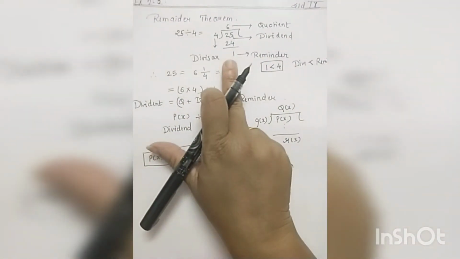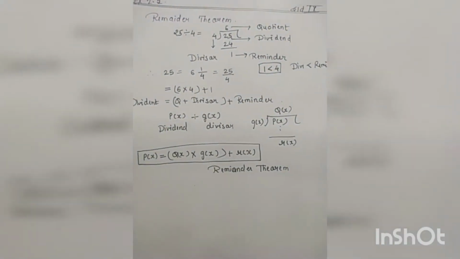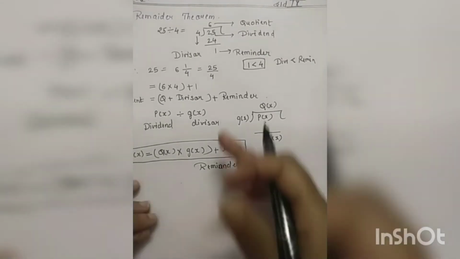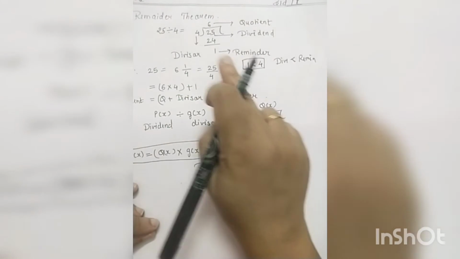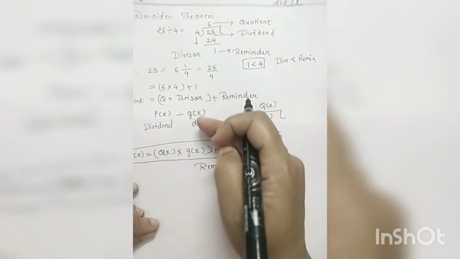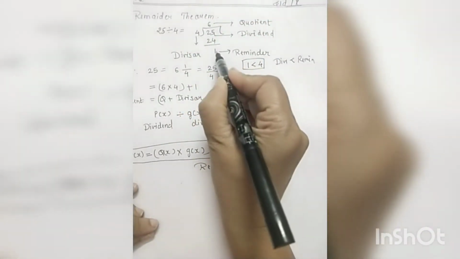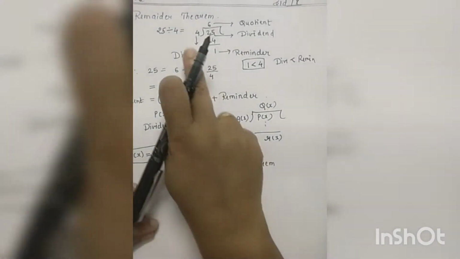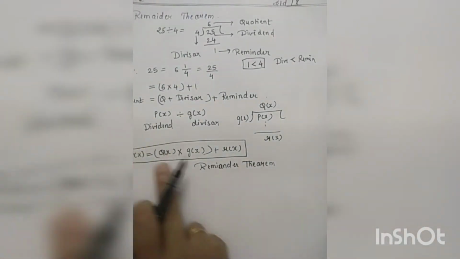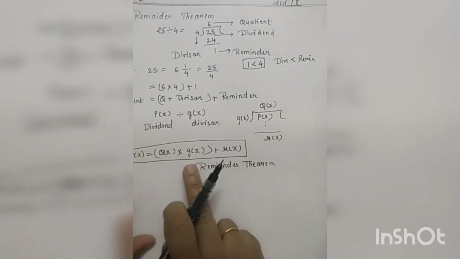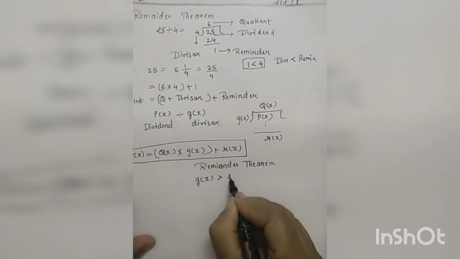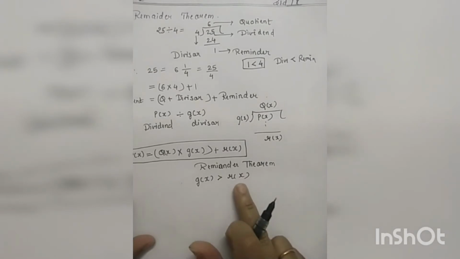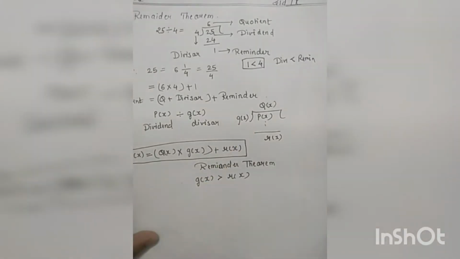If it were 5, we would have continued the division and got again a remainder. We continue the division till we get a remainder less than the divisor. Same here, g of x should be greater than r of x, that means the remainder should be smaller than the divisor.